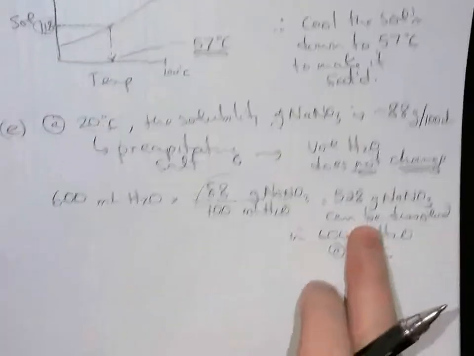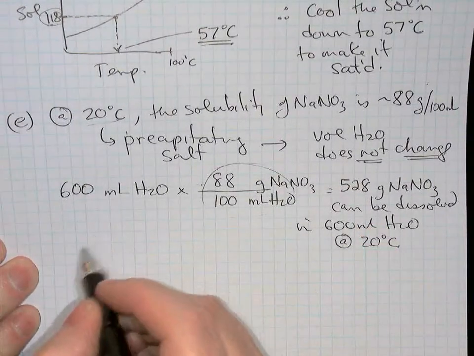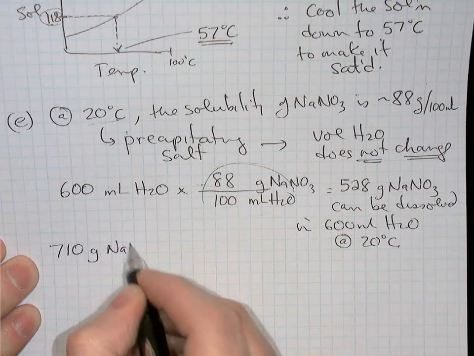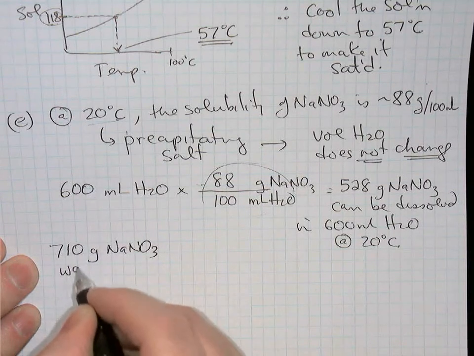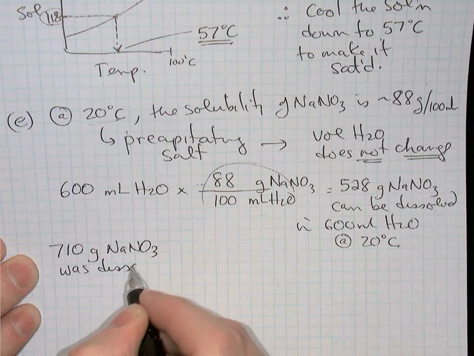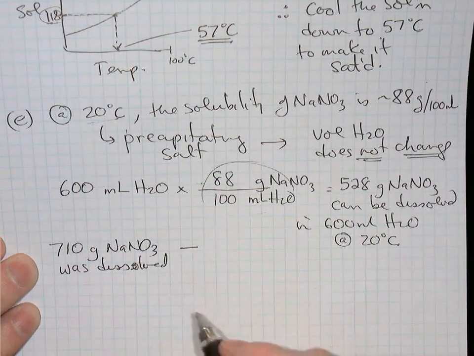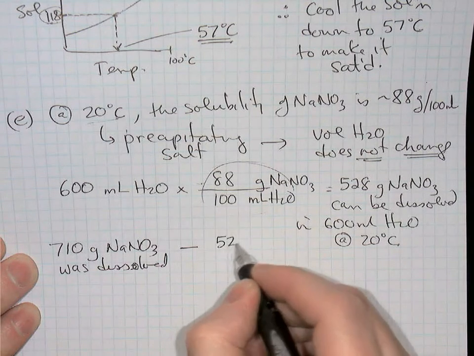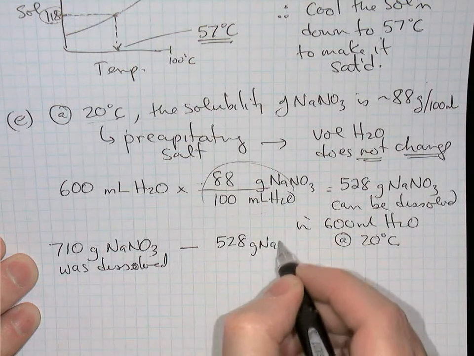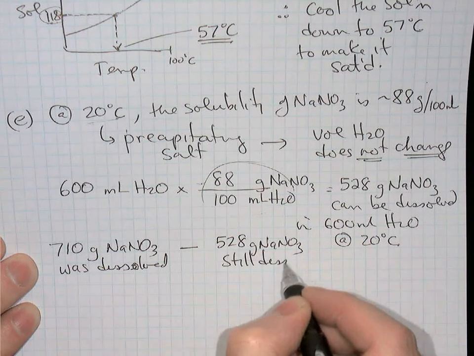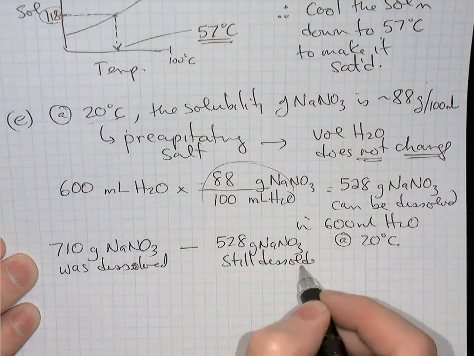So do you see what our last step is going to be? We're going to take the 710 grams of sodium nitrate, which was dissolved, and I'm going to subtract the 528 grams of sodium nitrate, which is still dissolved. That's how much could be dissolved.